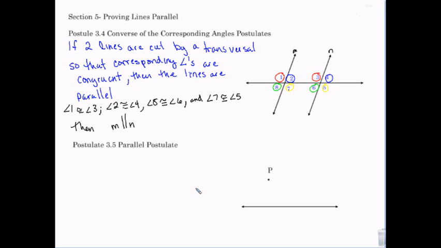Then we have what's called the parallel postulate, which tells us if we're given a line and one point not on the line. So here's our line, and here's our point not on the line.